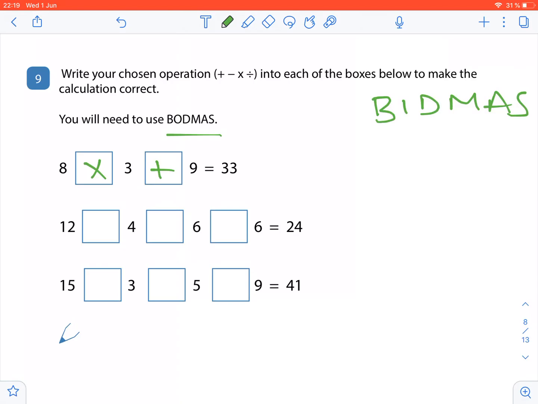Then the next one, I think, is 12 divided by 4, which is 3, times 6 is 18, and then add 6 will give you 24. Perfect. Okay, last one, 15 times 3 is 45. Add the 5 gives us 50, and then take away 9 gives us 41. Okay, so check you got the same as me.